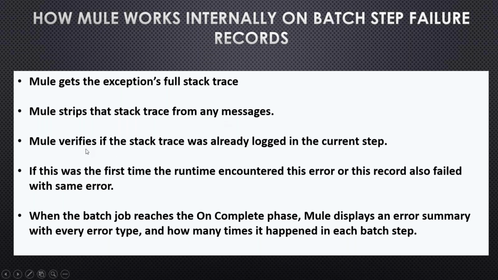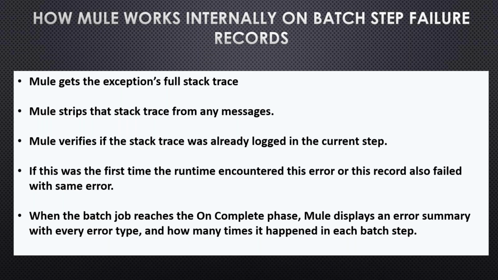That means Mule verifies if the stack trace was already logged. Assume record 1 has failed because of some reason X, and record 2 also failed because of the same reason X, and record 3, record 4, record 5, and so on until 30,000 records have failed because of the same reason. Then Mule will not print the stack trace 30,000 times. It will print the stack trace once, then it will show you the count of how many times it has happened.